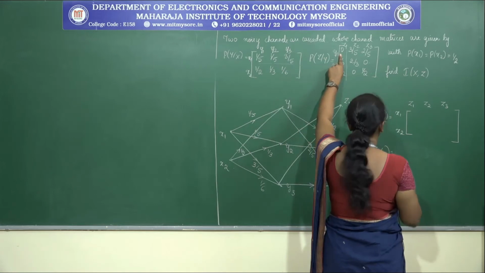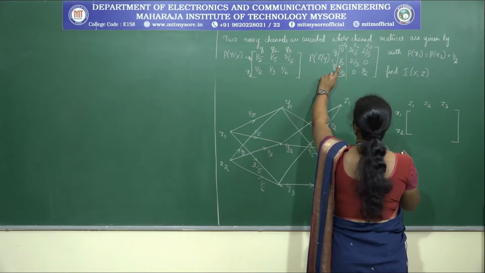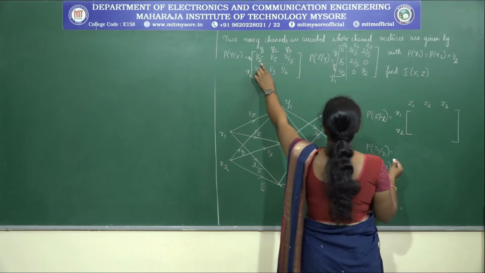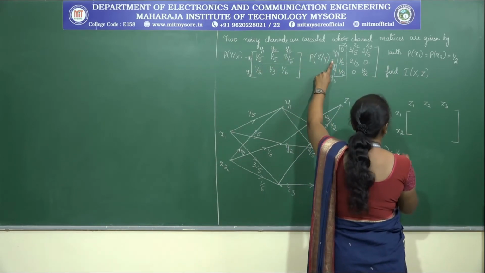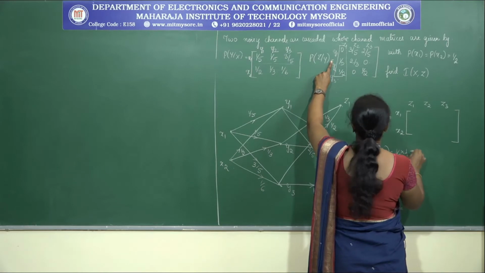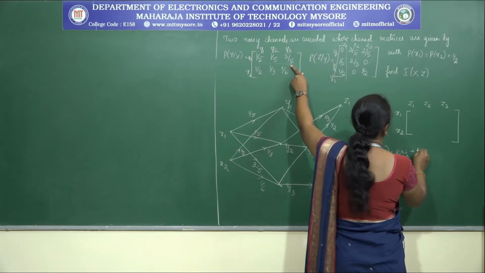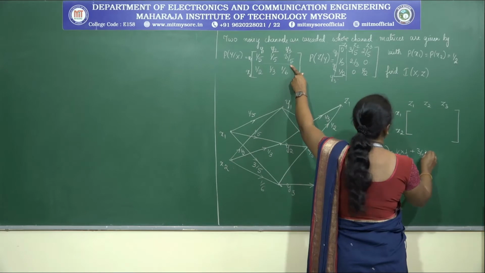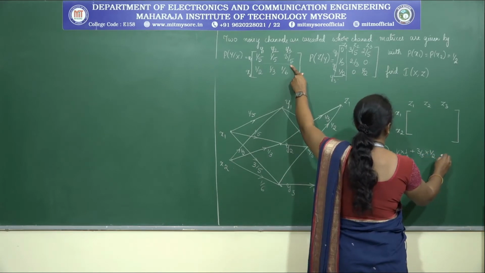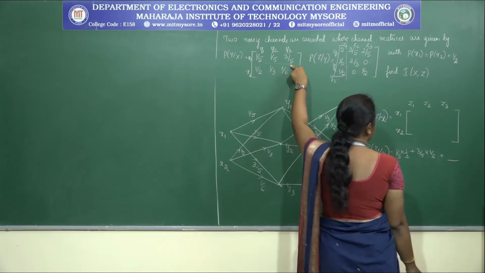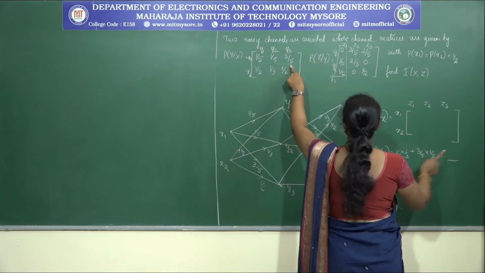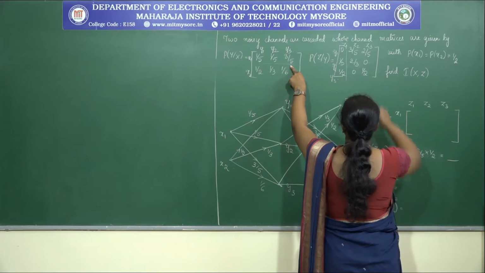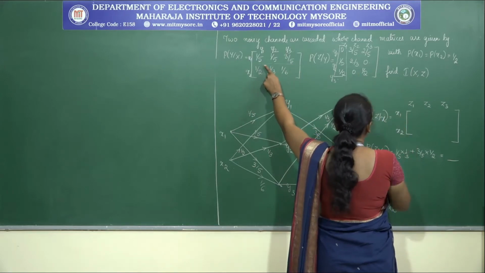First row with first column, so this is 0. So that is 1 by 5 into 0 plus 1 by 5 into 1 by 3 plus 3 by 5 into 1 by 2. So if we simplify, you will be getting the value with respect to P of z1 by x1.